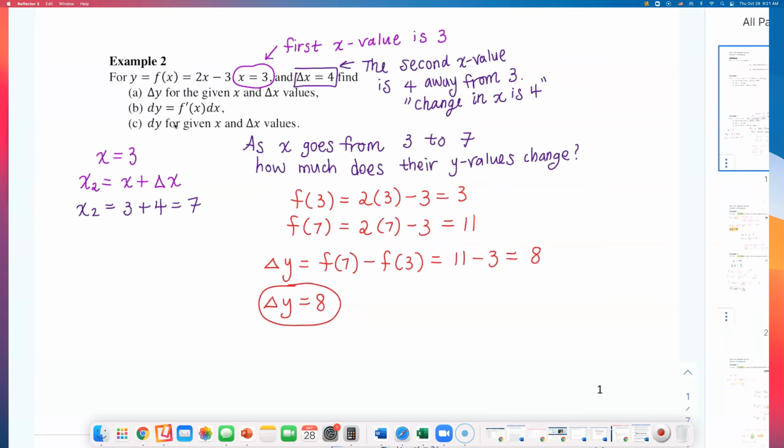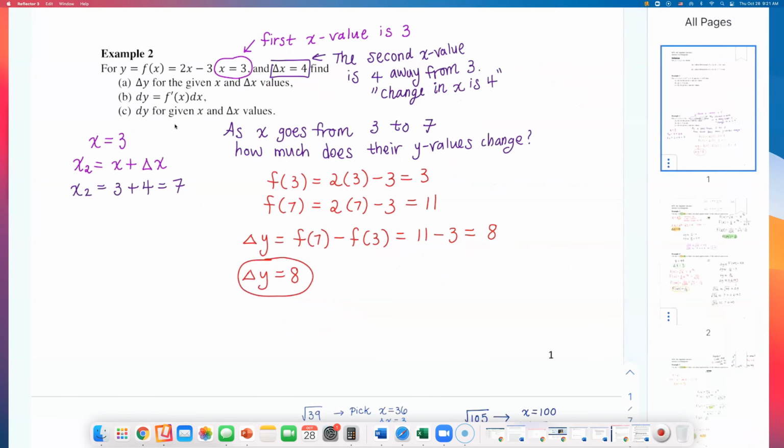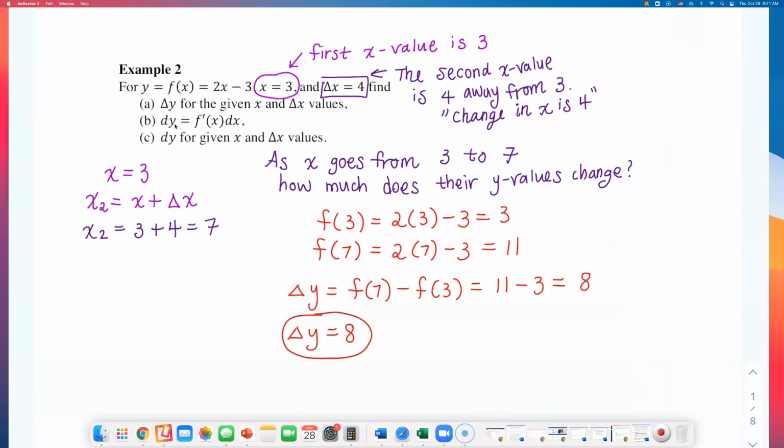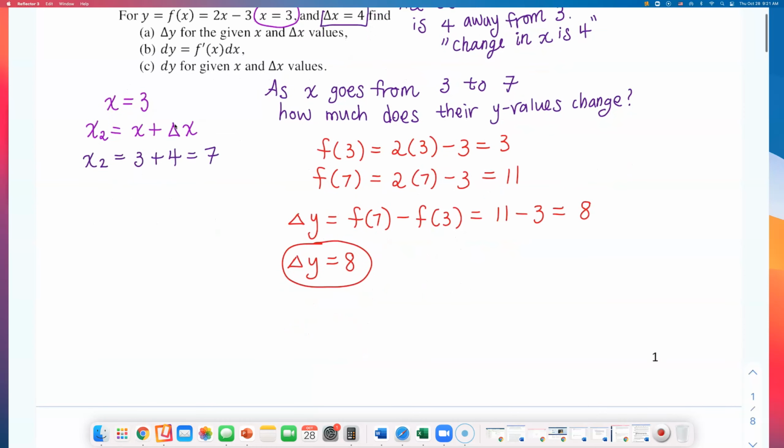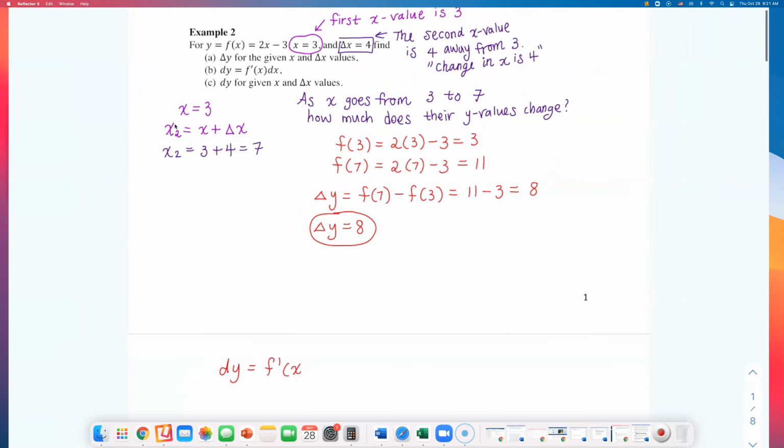All right, hold on. Do I have room? I'm going to go ahead and add another page here and do the second part. So if I want to find dy, which is f prime of x times dx, I need to find what f prime of x is, and dx will depend on what x value I pick, the change in x value.